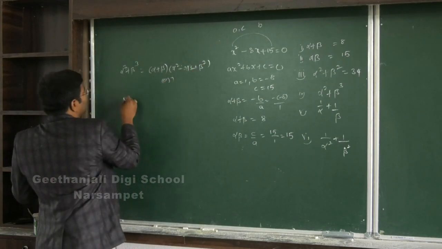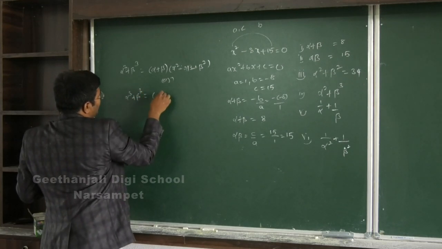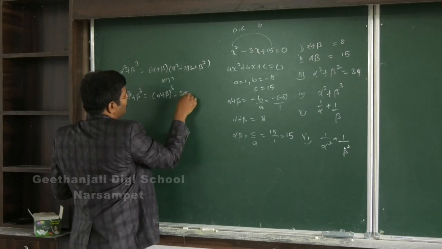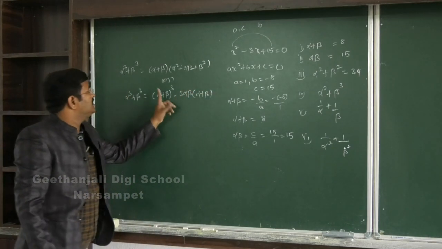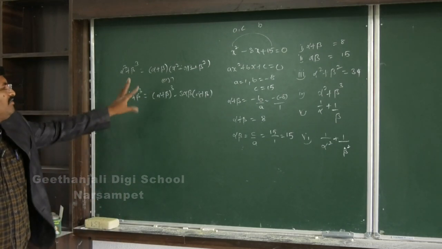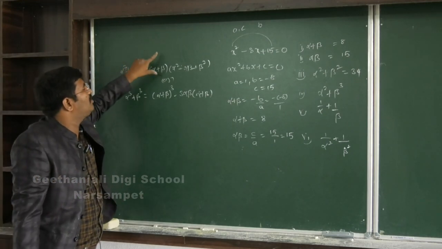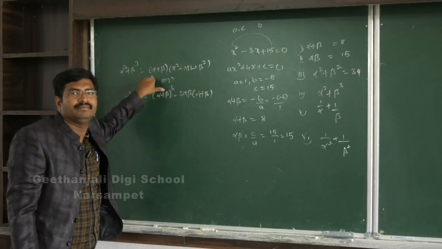Or another formula: alpha cube plus beta cube is equal to alpha plus beta whole cube minus 3 alpha beta into alpha plus beta. You can use any one of the formulas. Since you already know alpha square plus beta square, the first one will be easier here.